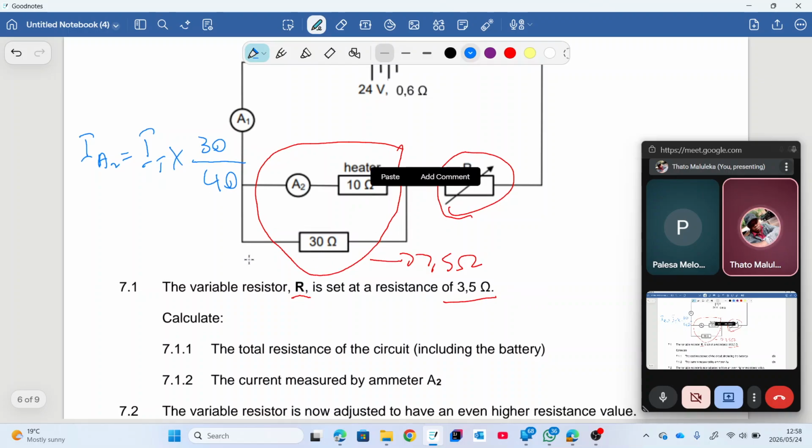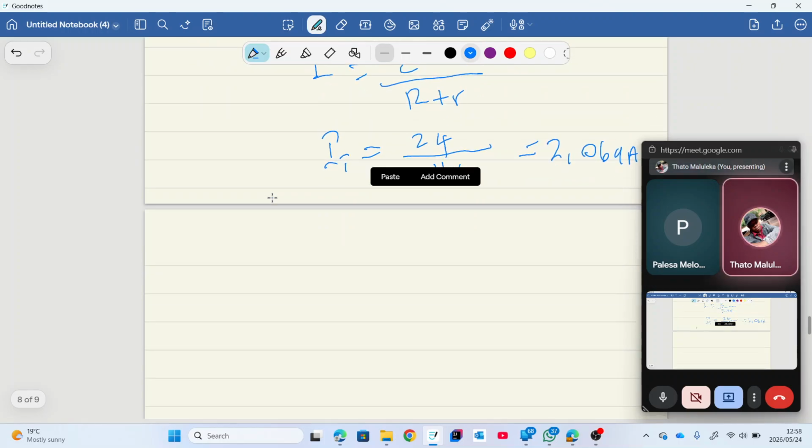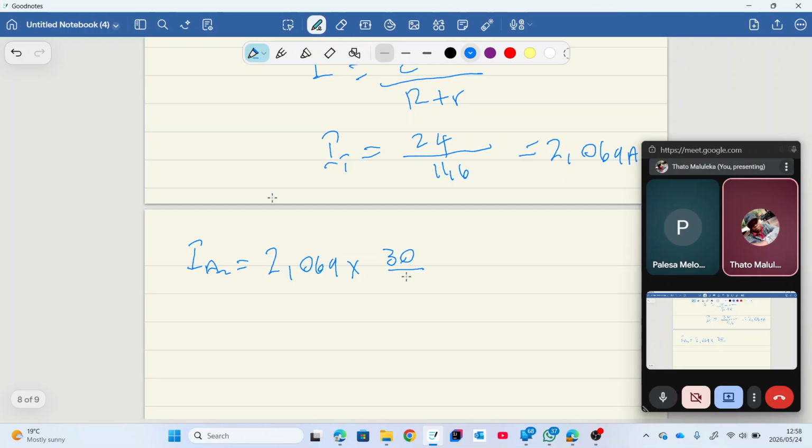So the current through A2 will be equal to 2.069 multiplied by 30 over 40.